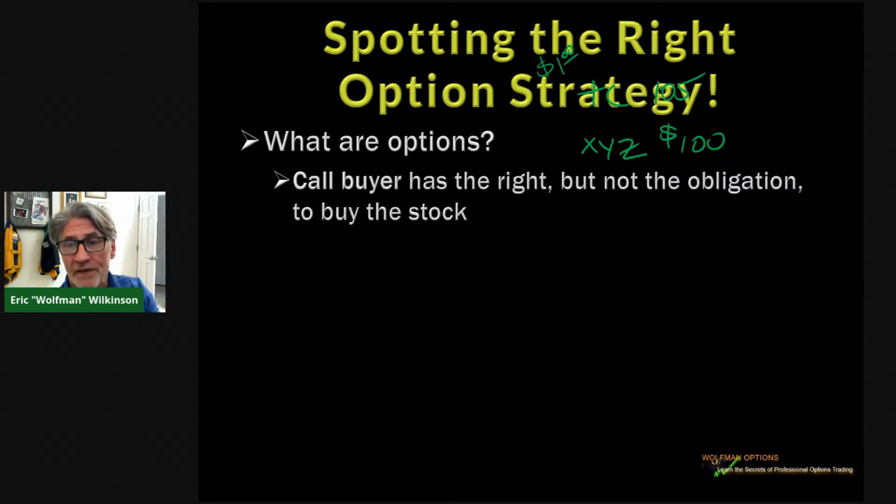If this underlying then, during the life of my option, I bought the 105 strike for $1. Now, let's say 2 weeks later or something, XYZ is trading 195. Now, do I want to exercise my right to buy the stock at 105? It's trading 195.